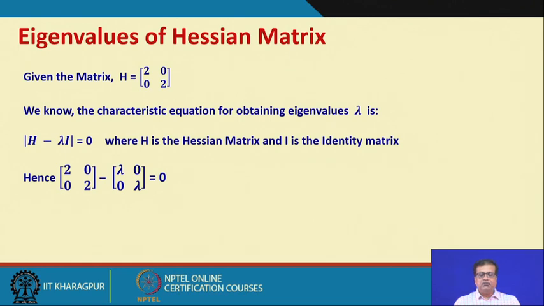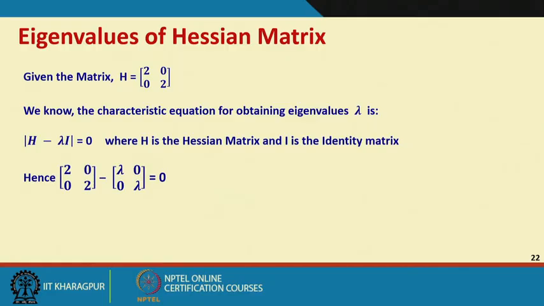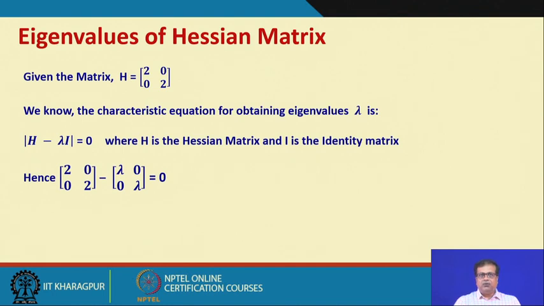The characteristic equation for obtaining eigenvalue is given by the determinant of H minus lambda I equal to 0, where H is the Hessian matrix and I is the identity matrix. So, what we do? 2 0 0 2 minus lambda 0 0 lambda, that is what you get by multiplying the unity matrix 1 0 0 1 with lambda, right. So, that is lambda 0 0 lambda. So, we put that equal to 0.